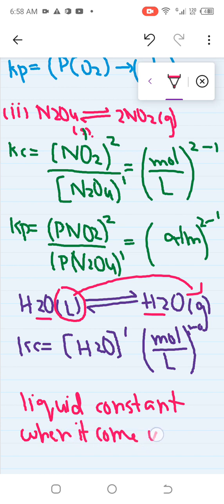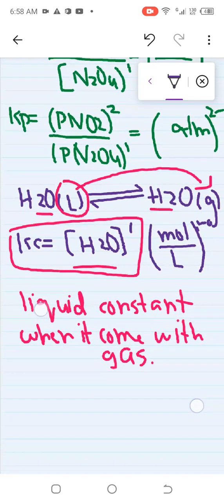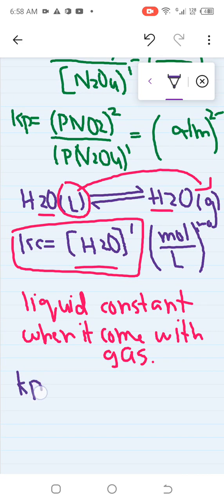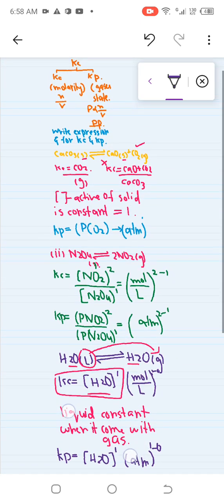So here we have left out the liquid. The same goes for Kp: Kp is equal to H2O, the same one, and the unit will be atm to the power 1 minus 0. I hope this is clear to you guys.